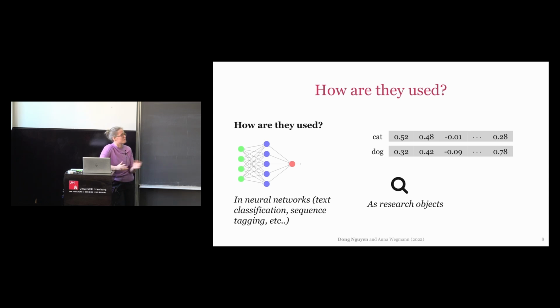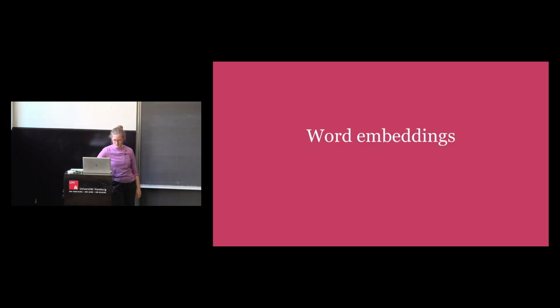And that might really be 300 dimensions, let's say, right? So really something we can't draw anymore. And when we have that, we can use them, for example, to do certain interesting things.